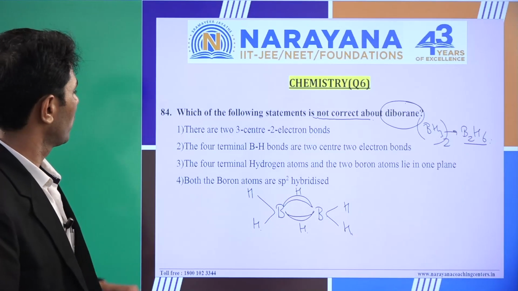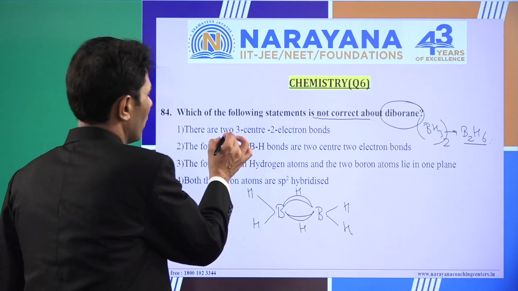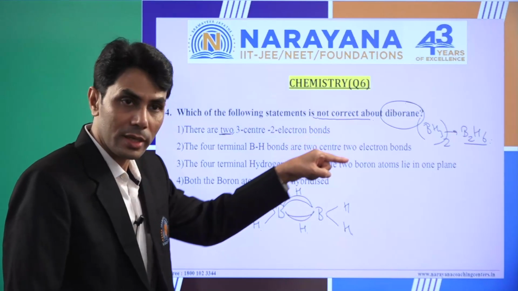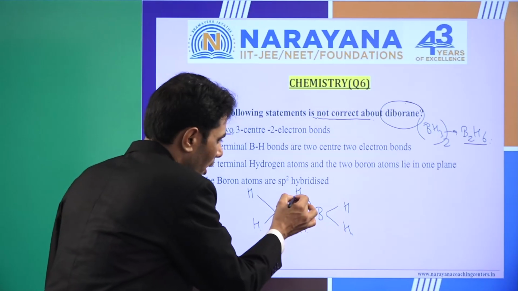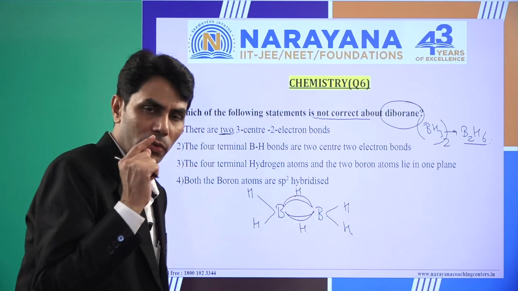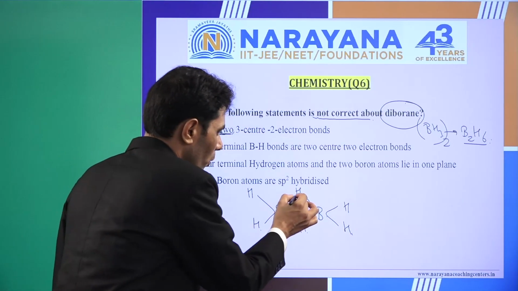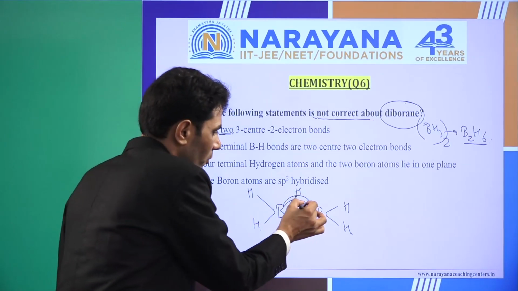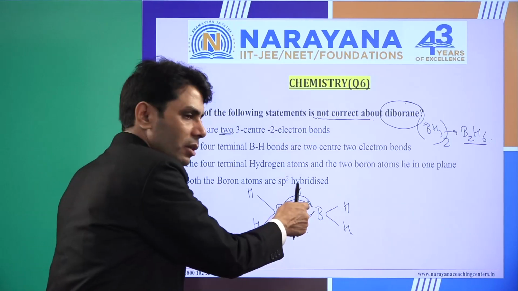Now, what are the given statements? There are two 3 center, 2 electron bonds. Yes. In one banana bond, there are 2 electrons: 1 electron from hydrogen and another electron from either of the boron atoms. Suppose from this boron atom.